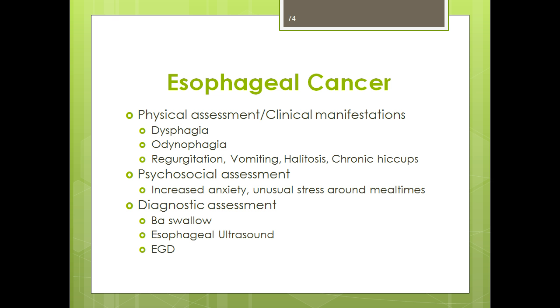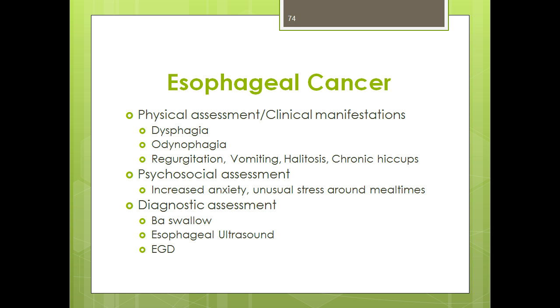it has really spread. So, doing the physical assessment, you want to look for the same types of clinical manifestations that usually occur when you're trying to diagnose any of these disease processes.